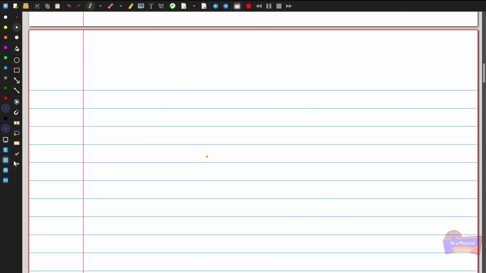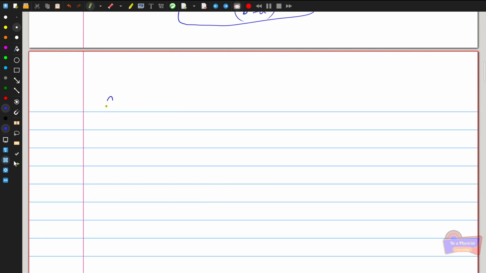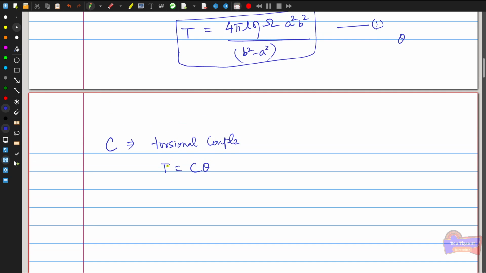So if I consider C as the torsional couple, which is set up in the suspension wire per unit twist, a couple per unit twist, then we can relate this torque to the torsional couple as T is equal to C times theta, where theta is the angle of rotation of this small cylinder. So I can just substitute the values of T, and equate this C theta with equation 1.